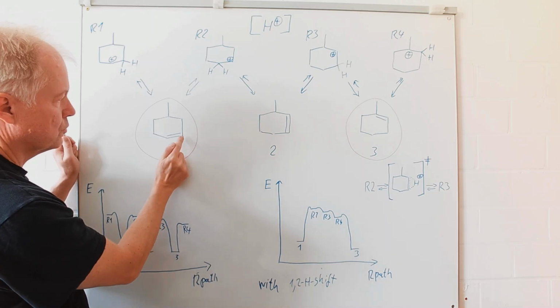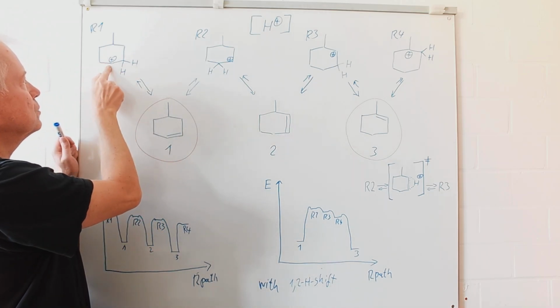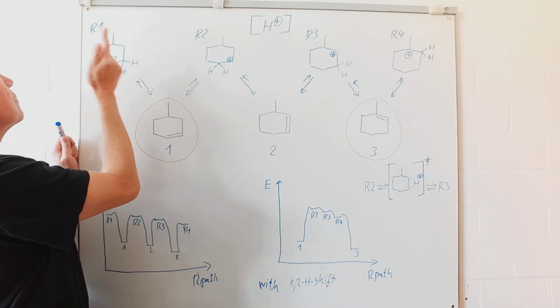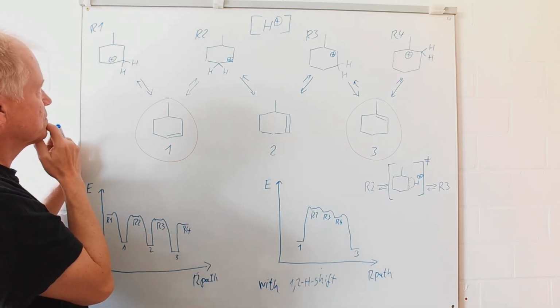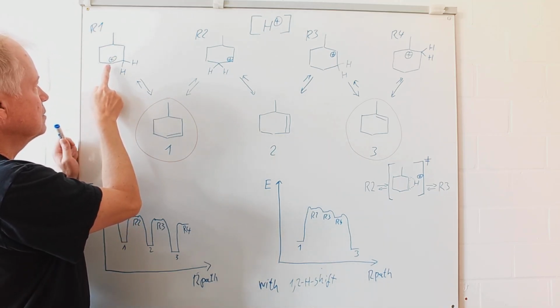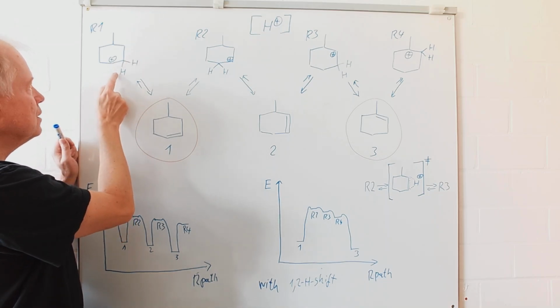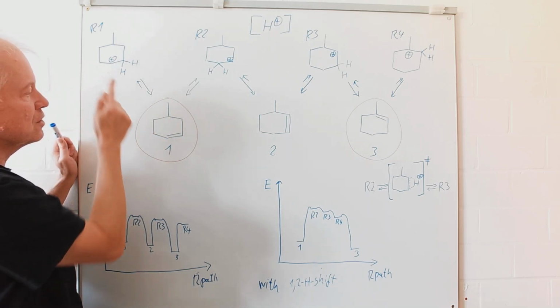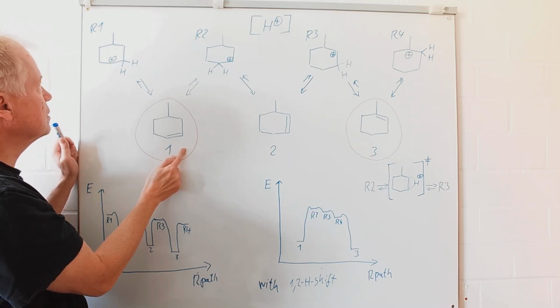If it is protonated at this position, then this carbenium ion will be formed as a reactive intermediate. Let's call it reactive intermediate R1. So from here, we can only deprotonate either here or at this methylene group. It doesn't matter, it goes back to this structure, to the starting material.